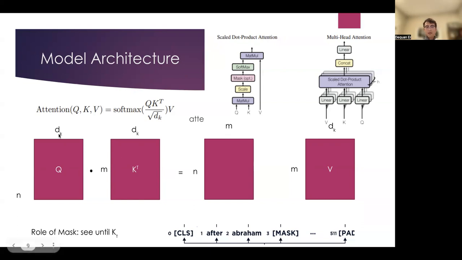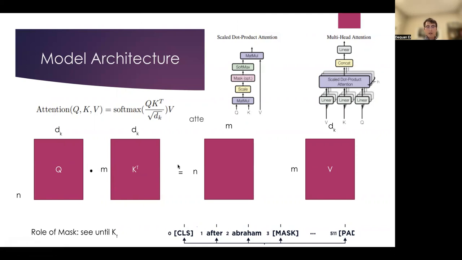In order to mathematically justify what I said, using Q, let's say you have n inputs as your sentence, and each of them has a dimension of dk. Then you do the dot product with your keys, which don't necessarily need to be n; it can be m, a different value.